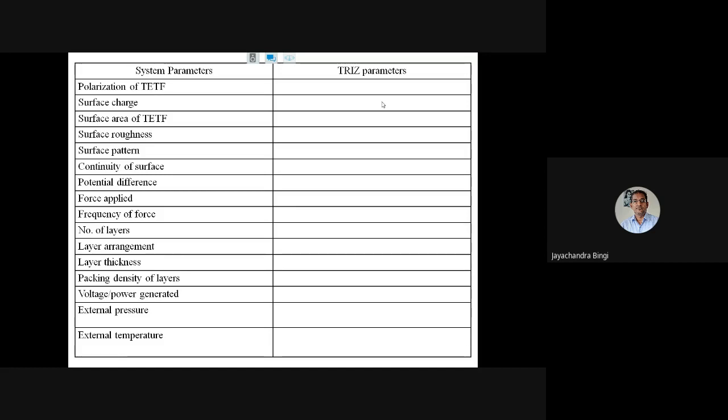Just rub slightly on the table as well as the paper. What you are actually feeling is the roughness. What you are actually feeling is material discontinuity. That is continuity of the surface.